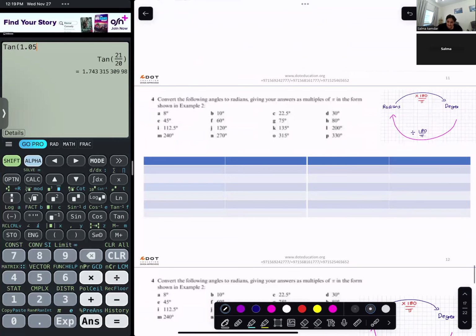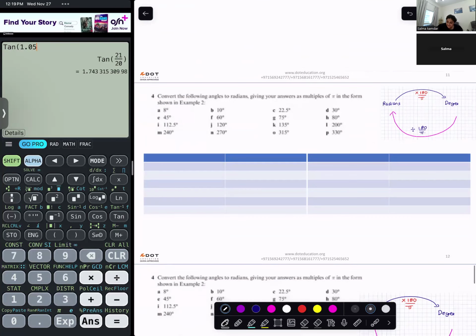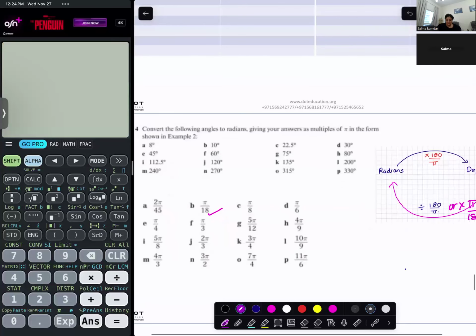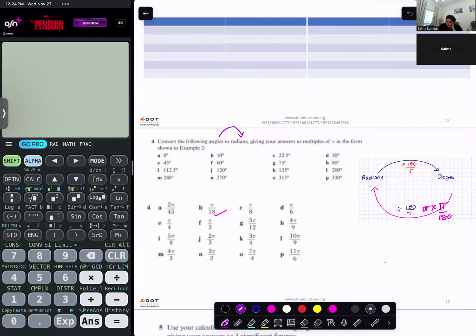Now convert the angles, that is the degree, to the rad, and I want the answer in the form of pi. Question part 4, exercise 7a at Excel Maths.